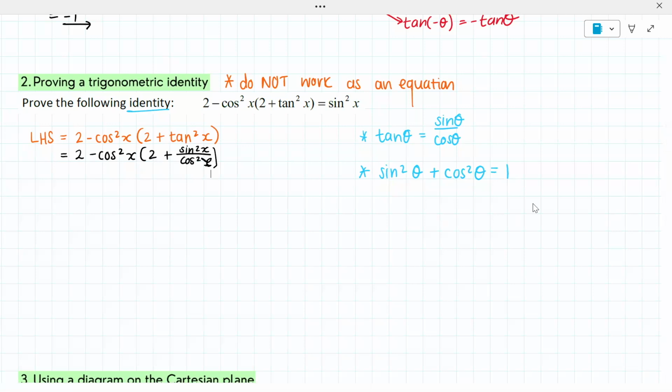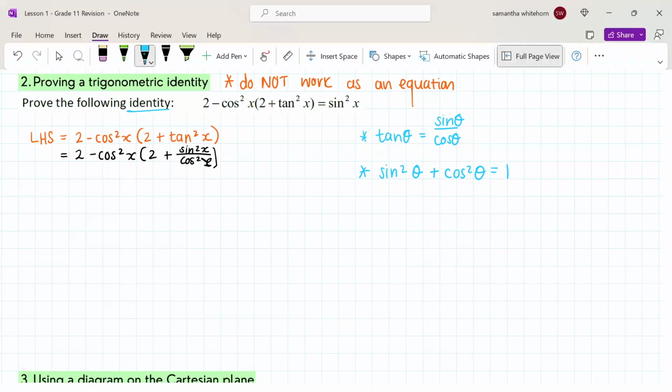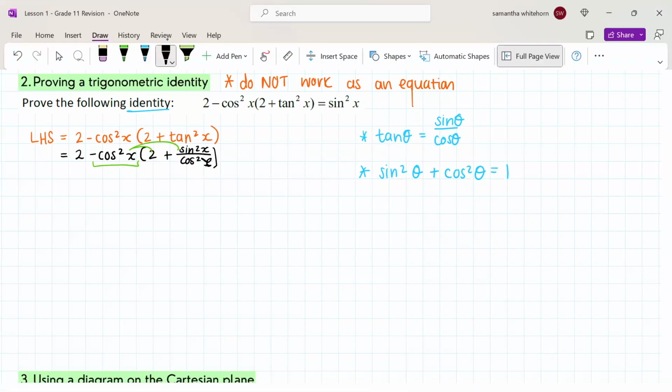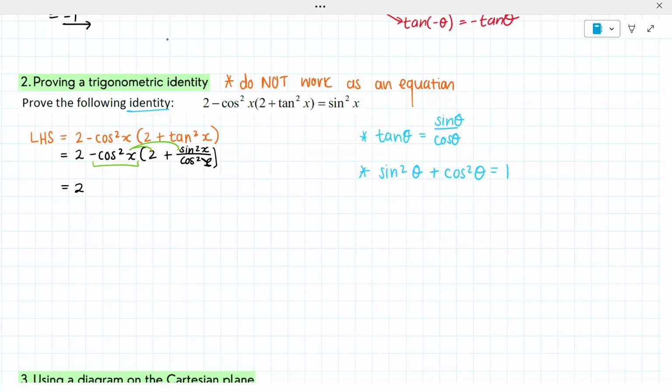Once we've done that, we now have to start thinking about just basic algebra. If you have a bracket with a coefficient, here's my coefficient, here's my bracket, algebra tells me to distribute. So that's what I'm going to do. I'm going to leave the 2 there because there's nothing wrong with that 2 right now. Minus cos squared x times 2 is minus 2 cos squared x.